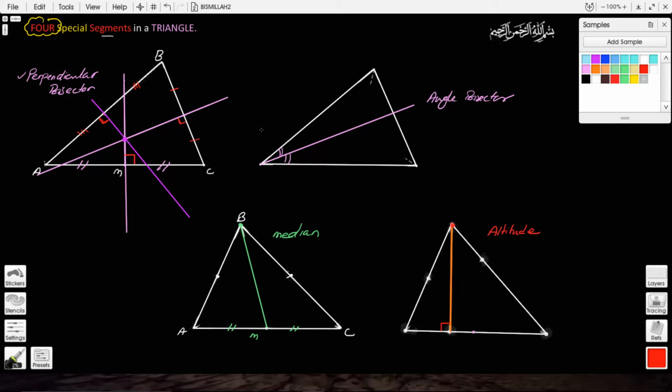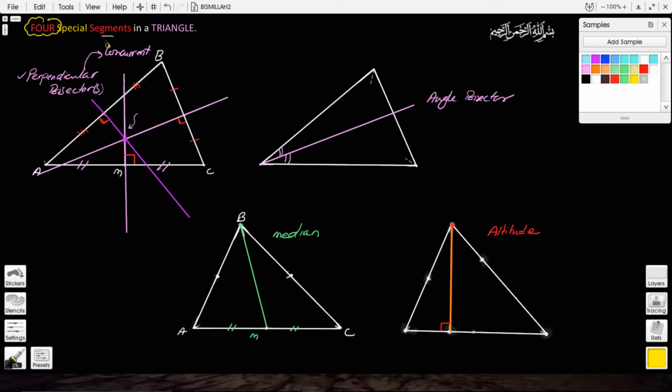Now, if you have any two lines, they'll intersect someplace. But for three line segments or lines to intersect at the same spot, that's quite remarkable. This phenomenon of intersecting at the same spot, that's called concurrency. So the perpendicular bisectors of a triangle are concurrent. C-O-N-C-U-R-R-E-N-T means they all intersect at the same point.